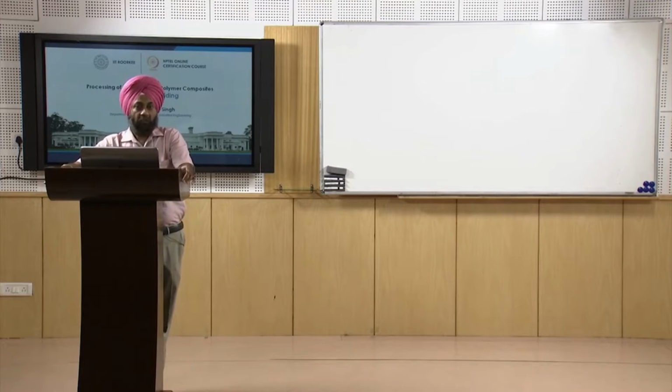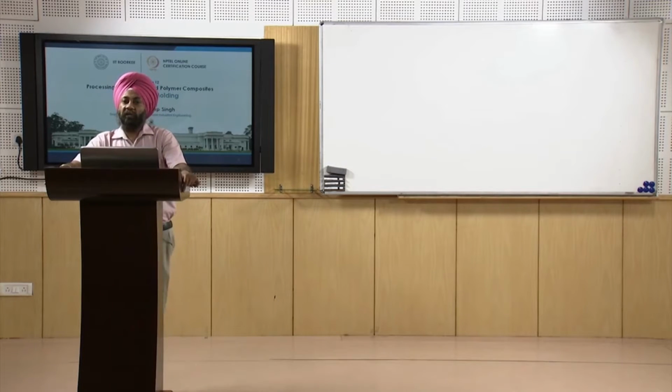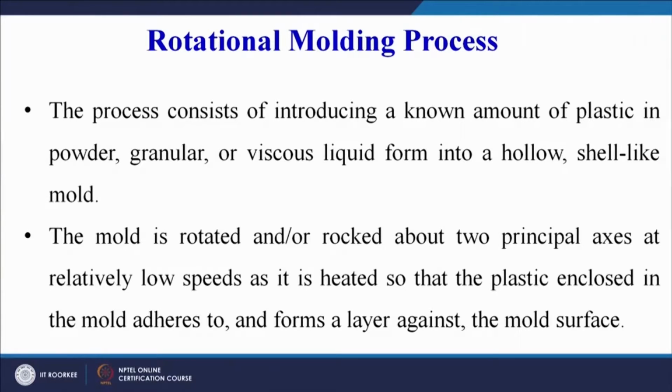And in different books you will get different critical speeds at which the rotation can be given, but in general low speeds are advisable. As it is heated, the plastic enclosed in the mold adheres to and forms a layer against the mold surface.